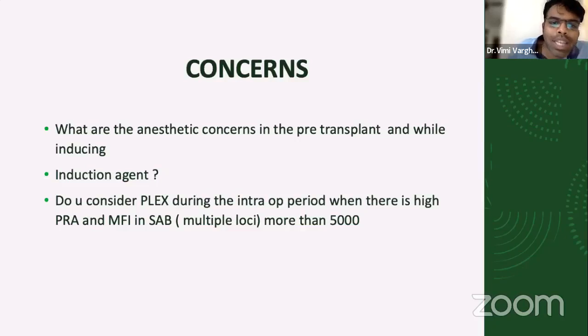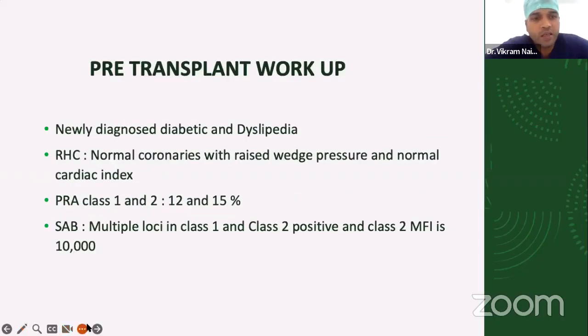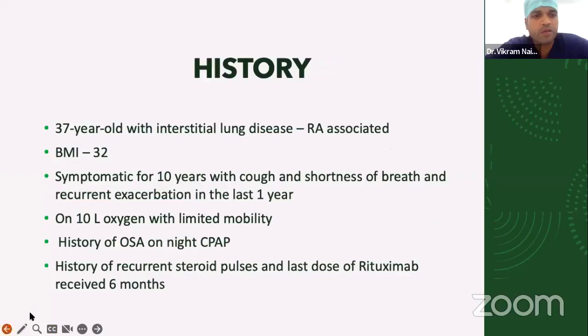From the anesthetic point of view, sir, as previously discussed, this patient would require an opioid-based induction. From the cardiac point of view, his PA pressures are normal. The only thing which is high risk is the higher requirement of oxygen, so we might expect the respiratory condition to be very bad.